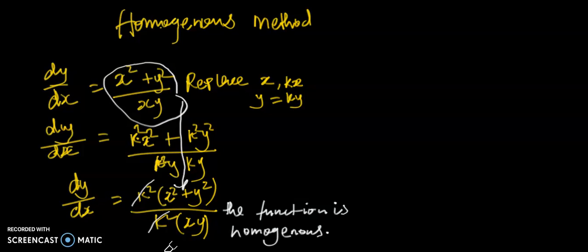Now that we have verified that the function is actually homogeneous, there are things you need to pay attention to when we use the homogeneous method. You need to pay attention to certain variables.